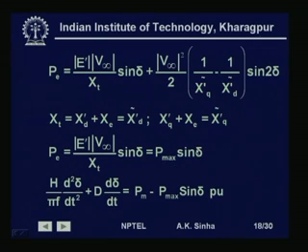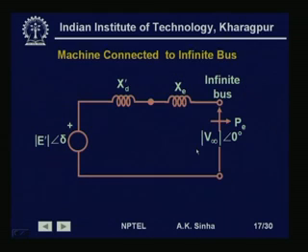That is, it depends on by how much this angle delta is leading the voltage angle at the infinite bus. If it leads this, then the power is being transferred from the synchronous machine to the infinite bus. If it lags, then the power will be transferred from the infinite bus towards the machine, that is, it will start acting as a motor.